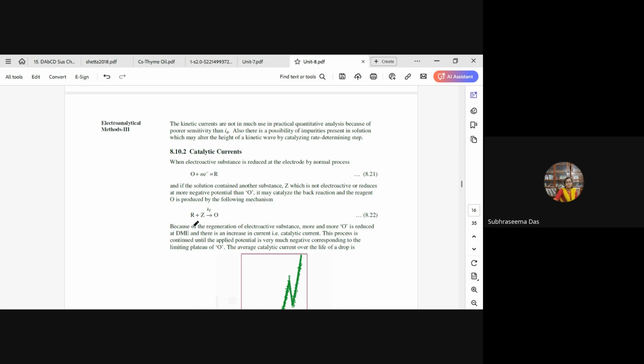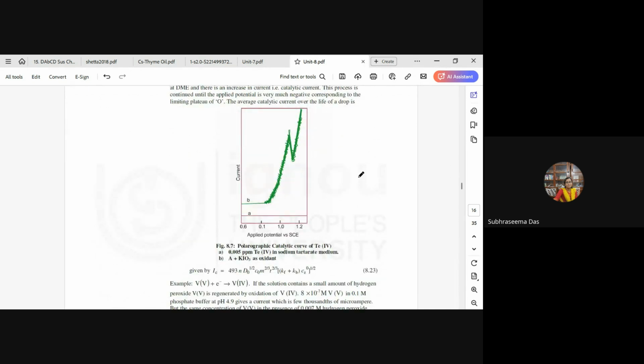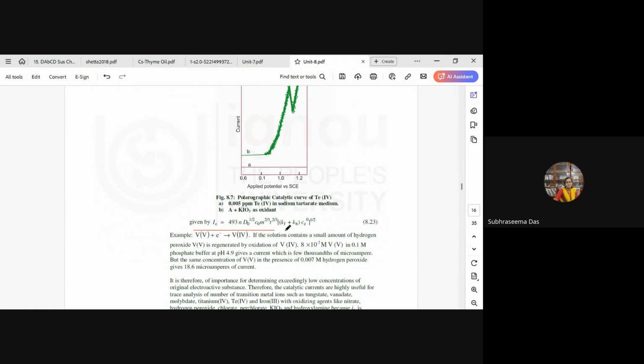Here R reacts with Z to form O. Because of the regeneration of this O, more and more O is reduced at the DME, and there is an increase in current called the catalytic current. This process continues until the applied potential is very negative, corresponding to the limiting plateau of O. The average catalytic current over the life of a drop is given by this equation.